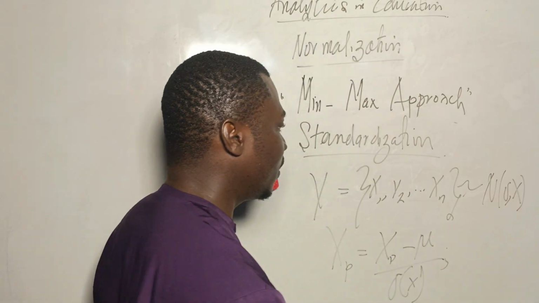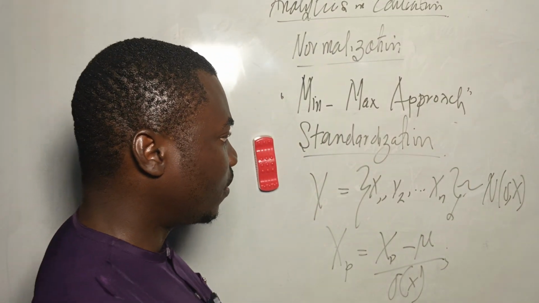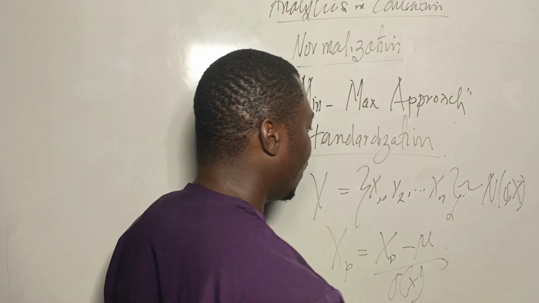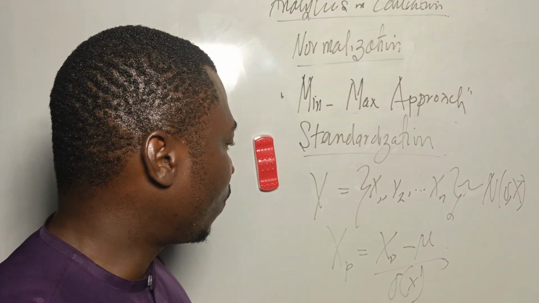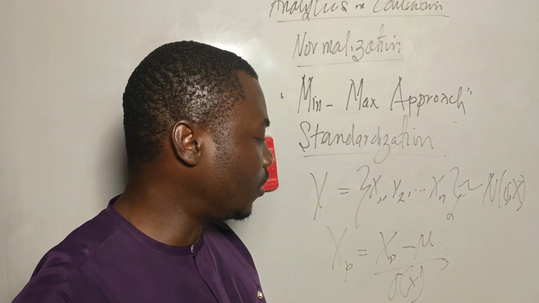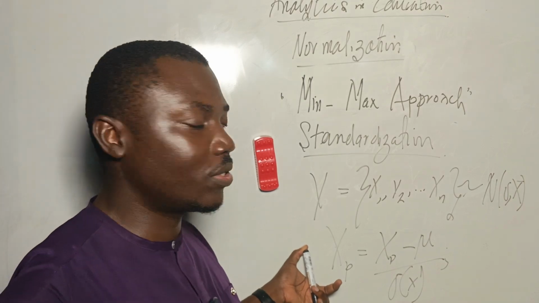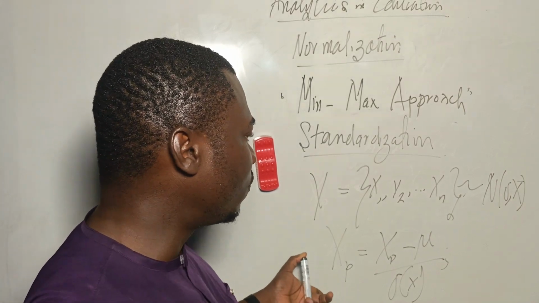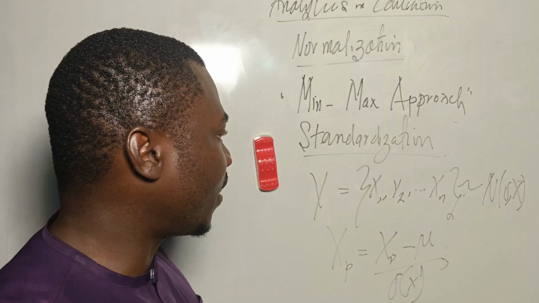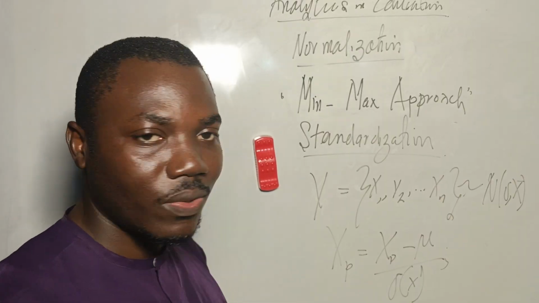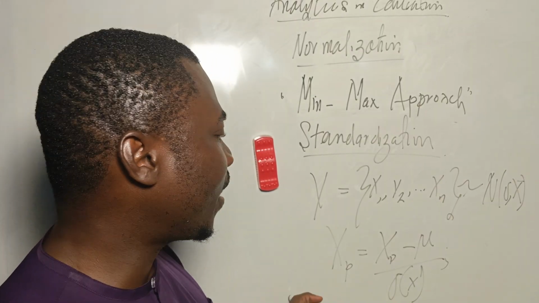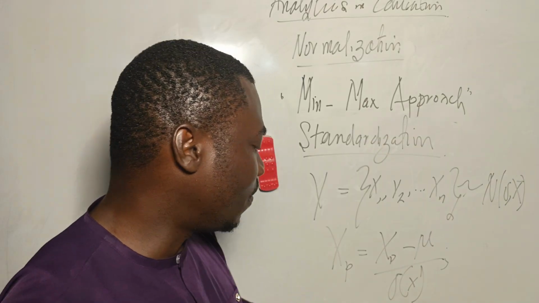That means it has a mean value of 0 and a standard deviation of 1. This particular method is very robust to remove or identify the outliers in your analytics, as well as reducing the possible bias that you have in the measurement.